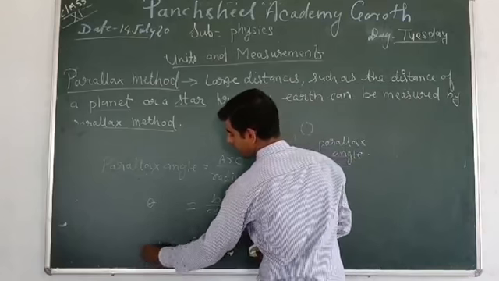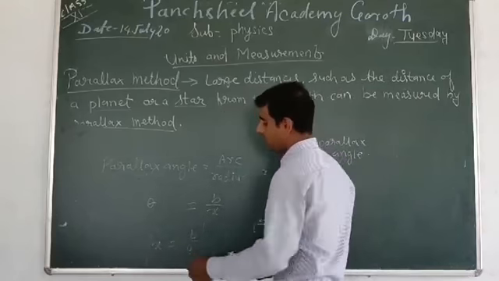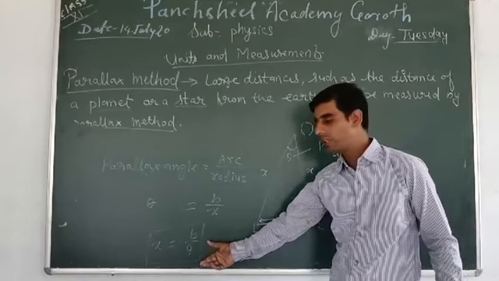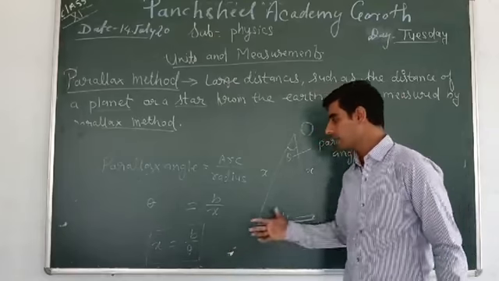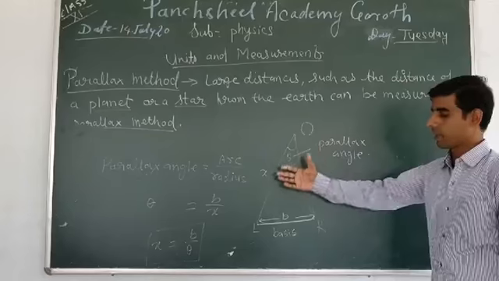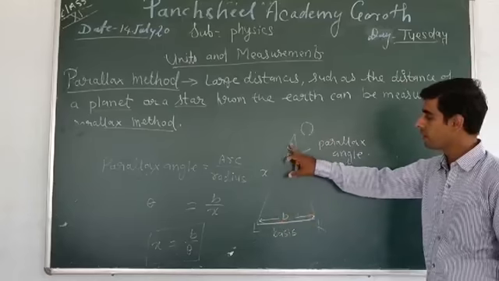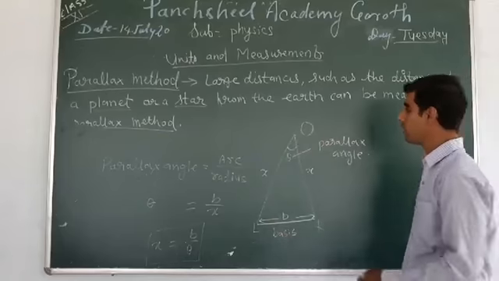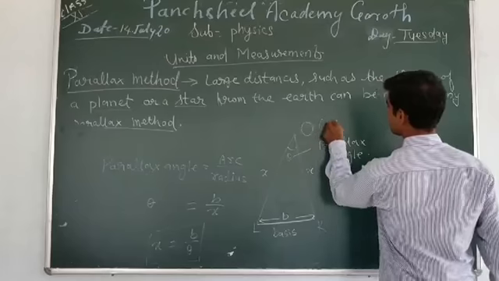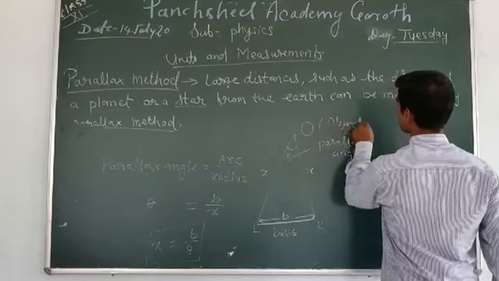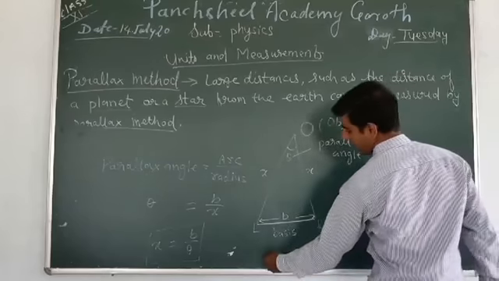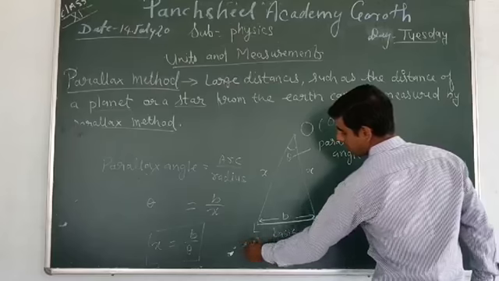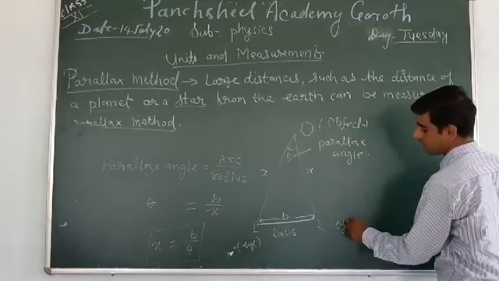Theta is a very small angle. If I have the values of theta and B, I can easily find the distance between the object and the observer's eye. This is the object, and this is the left eye and this is the right eye.